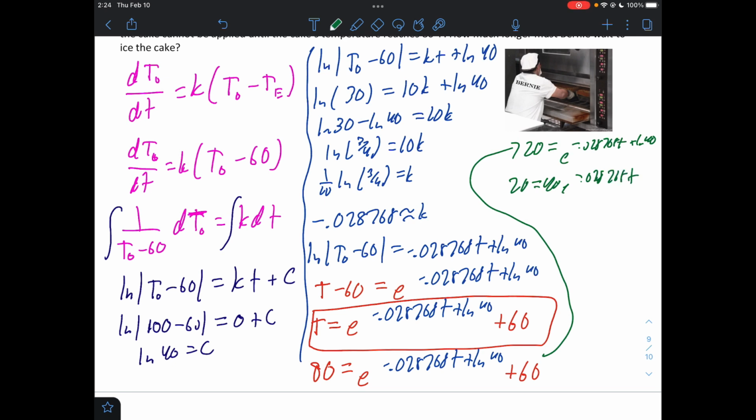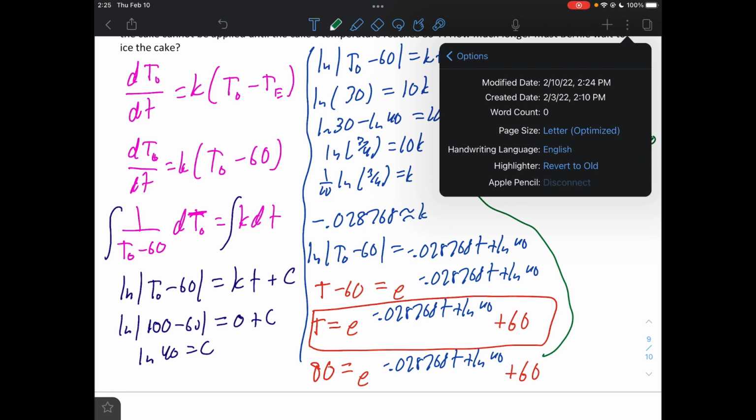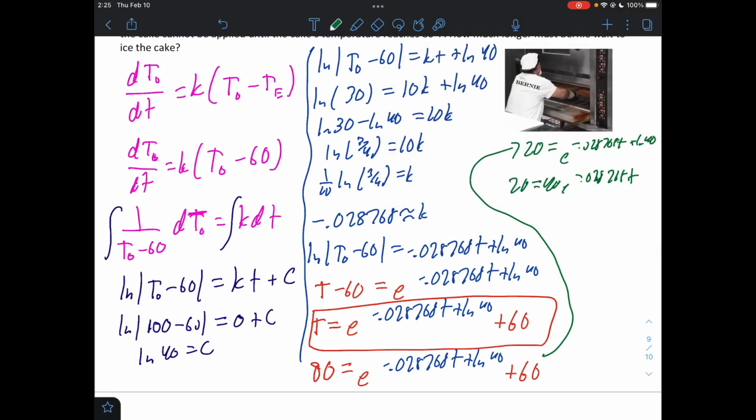Divided by 40, we get 1/2. And of course, my stylus is dying here. So we get 1/2 equals e to that whole power.